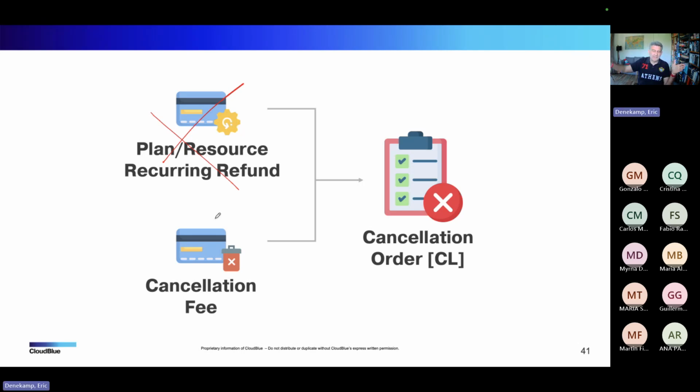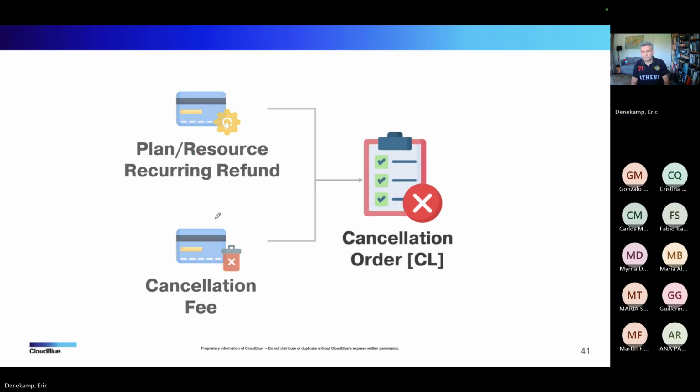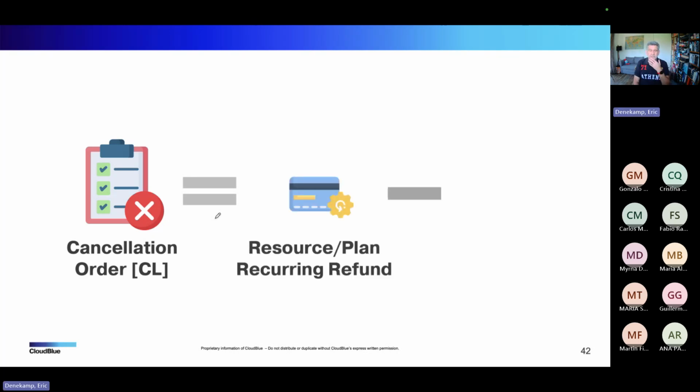But if you expect this customer to pay until, let's say, the 31st of December, and he cancels on the 30th of April, it means that from the 1st of May until the 31st of December, your budget is different than you thought it would be. So that's what my cancellation order does. It's the resource or plan recurring refund minus the cancellation fee. And if, of course, one of them is zero, the cancellation fee needs to be paid. If you don't have a cancellation fee, but you do a refund, the customer gets money.